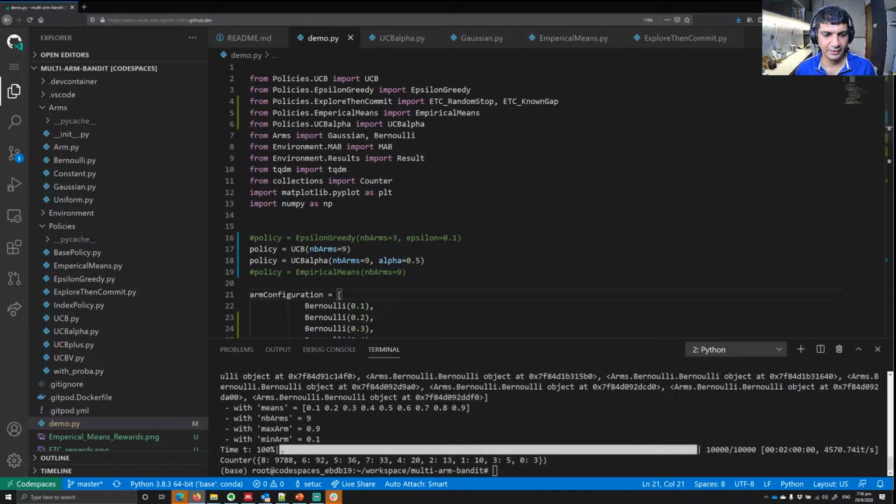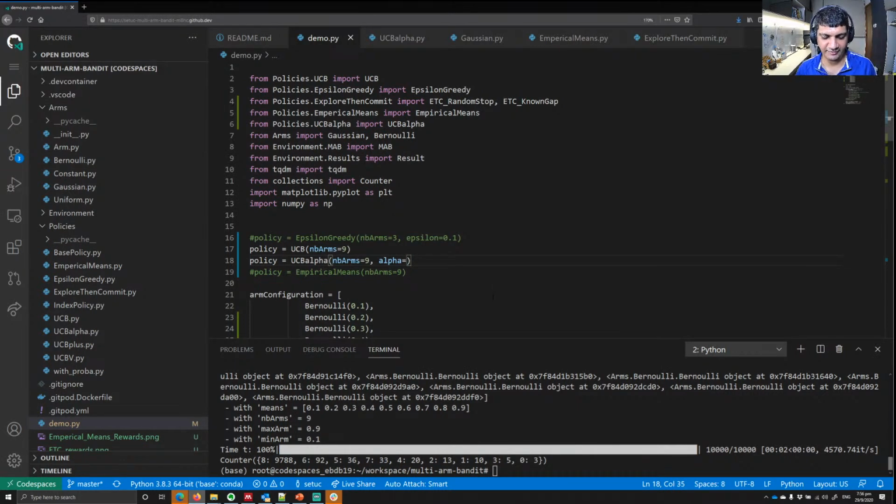All right, you saw that as my alpha value goes to a lower value, it starts to represent empirical means. So now my arm 8 has been picked way more times than before. So I know that my total regret, or total times that I've picked an optimal arm, is better. Let's try another value: if I put a value of 2, this becomes UCB.